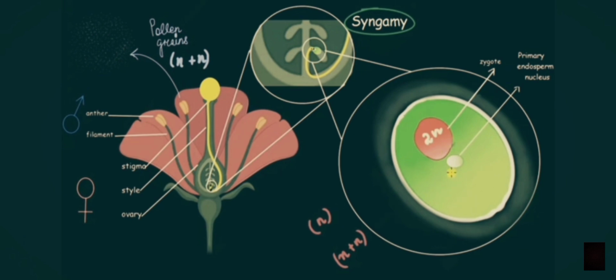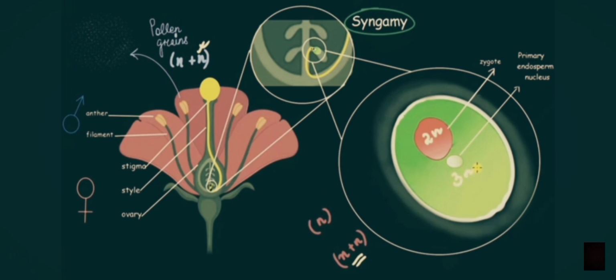Now, can you tell me what will be the ploidy of this primary endosperm nucleus? It had two haploid female nuclei and one male gamete nucleus, right? So, the ploidy will be 3N or triploid.